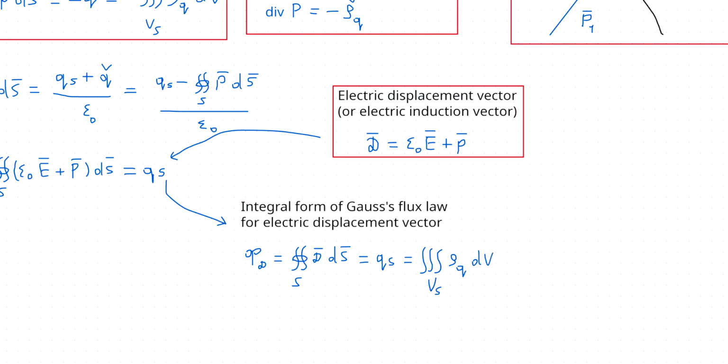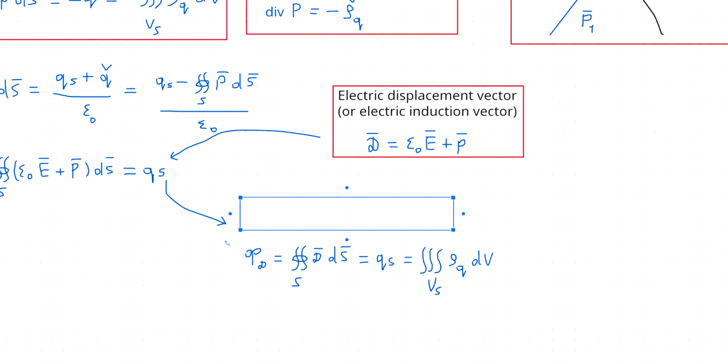So this is the integral form of Gauss flux law for electric displacement vector.